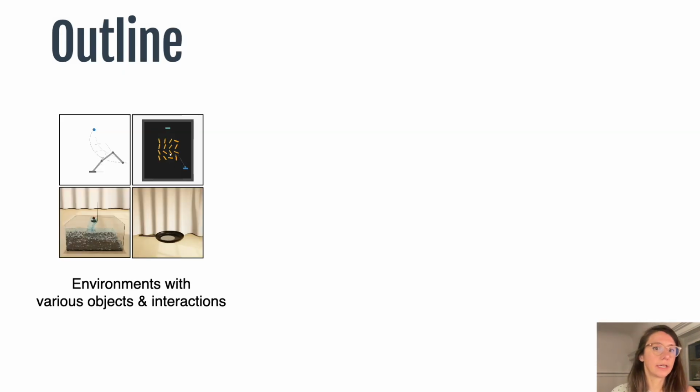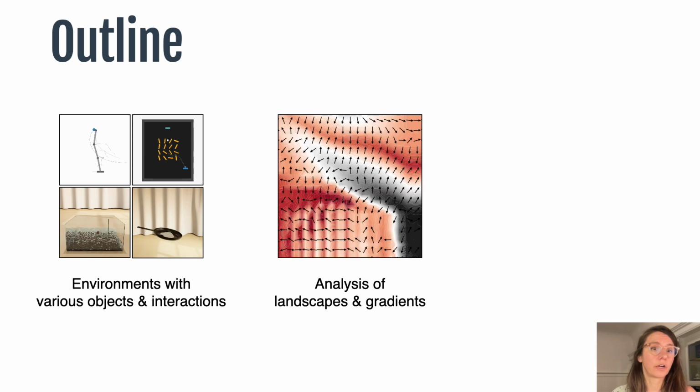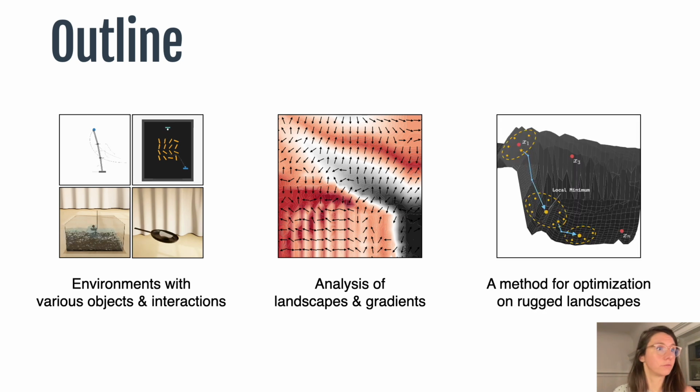But for now, here are the contributions of this particular work that will not be presented at IROS but at COAL. We present first of all differentiable simulation environments with various objects and interactions. We also provide a tool for the analysis of optimization landscapes and gradients. And we also provide a global search method for optimizing on these rugged landscapes that we unfortunately get also with deformable objects.